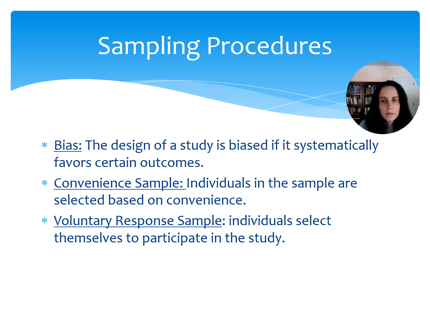The problem with convenient samples is that they may lead to biased results and that results have a reduced generalizability. For instance, if only students from the nursing program or the school improvement program are included in the study, results cannot be generalized to the entire graduate student population. Another sampling procedure that reduces the generalizability of the results is a voluntary response sample.